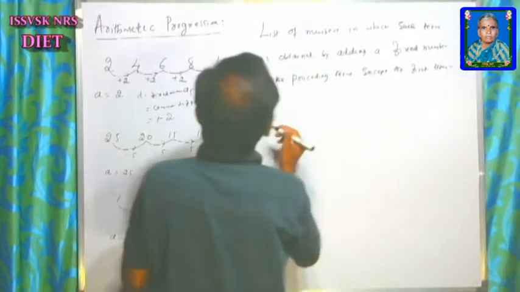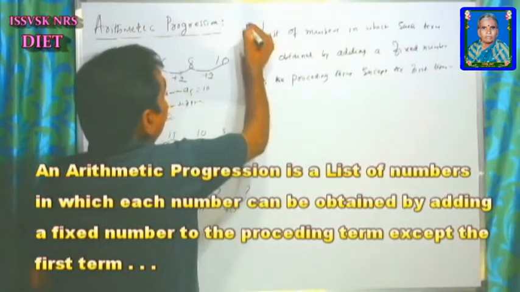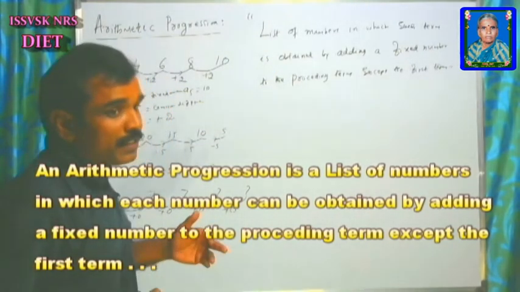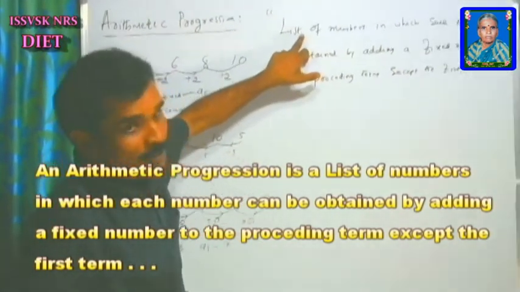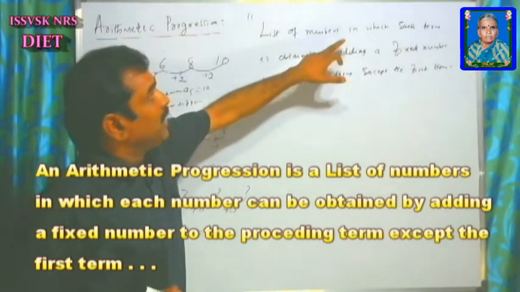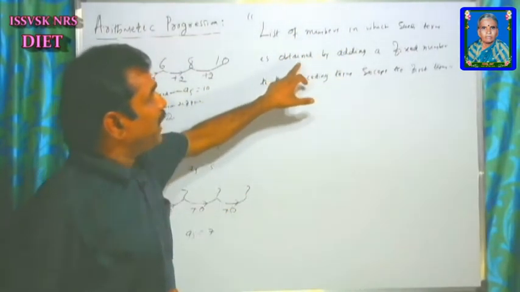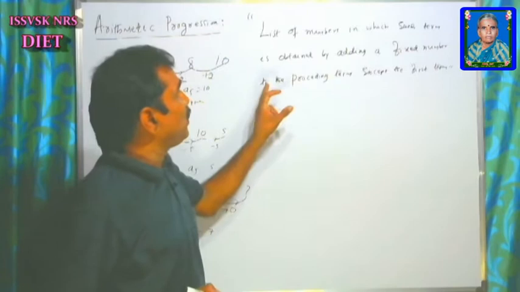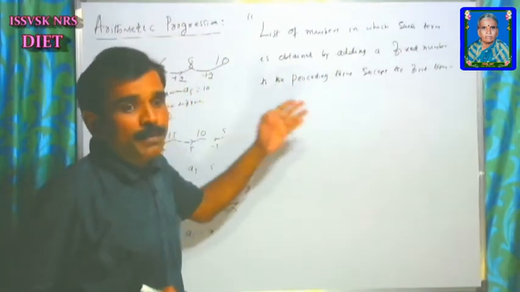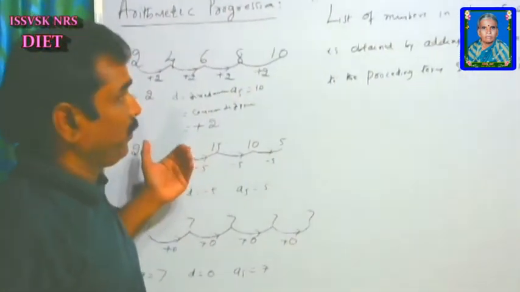This is the definition for arithmetic progression.